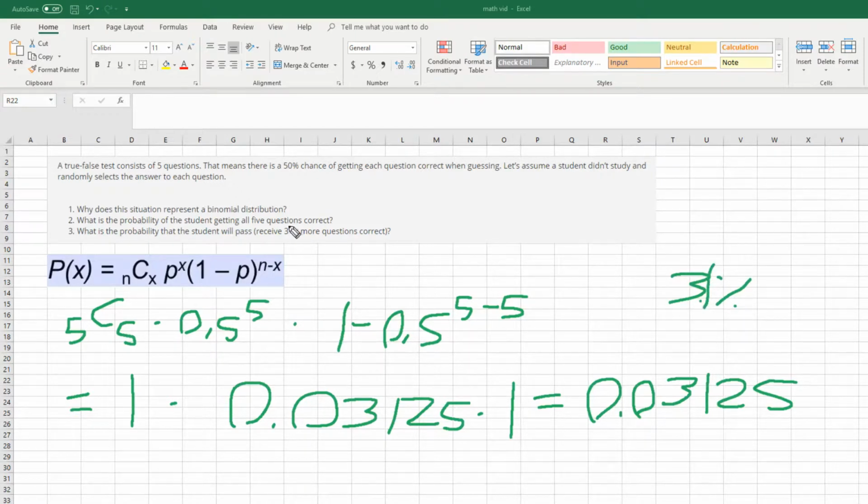So that is the answer to this. The probability is 0.03125.